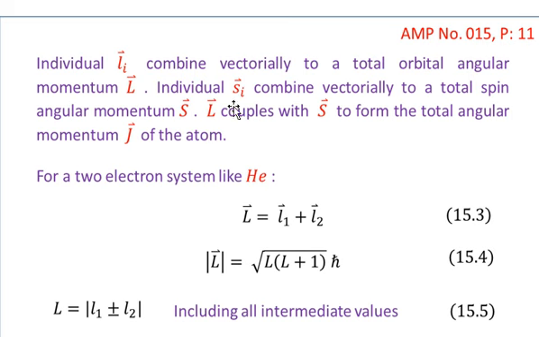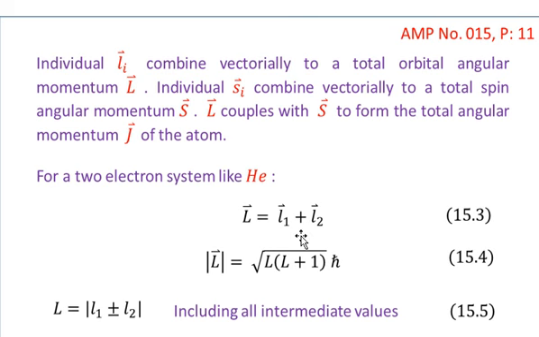Then capital L and capital S will be combined vectorially to give you the total angular momentum J of the atom. For a 2-electron system like helium, we can write that capital L, the total orbital angular momentum, is equal to the vectorial sum of the individual angular momenta of the 2 electrons, L1 and L2, as given in equation number 3.